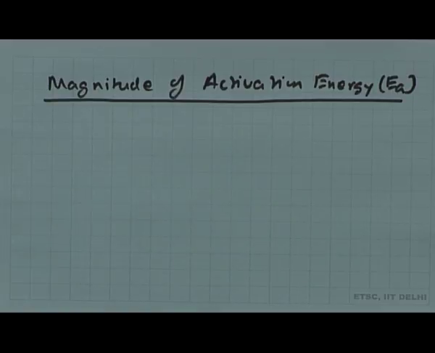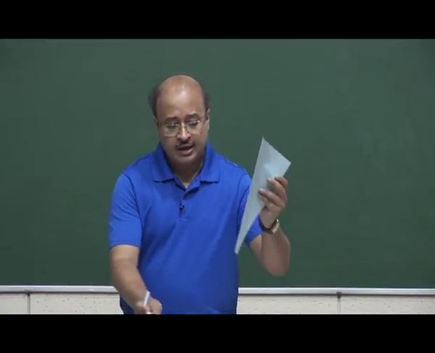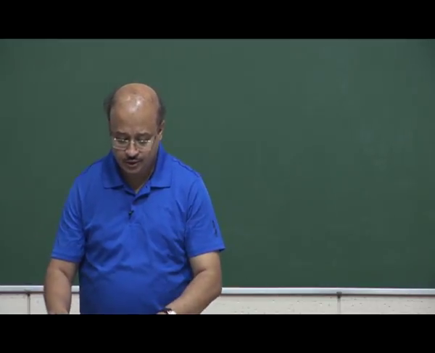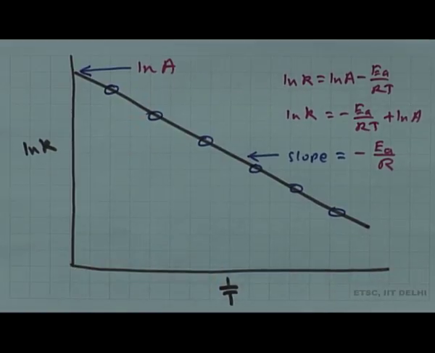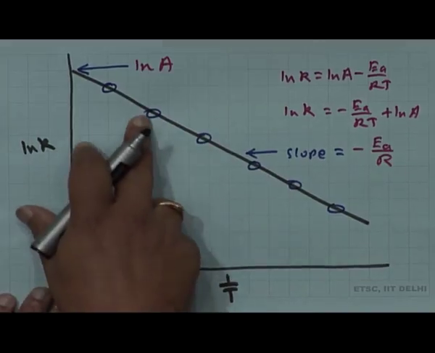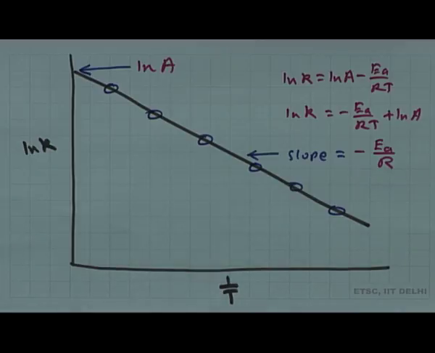To start with, this was the slope of the plot of ln k versus 1 by T. The inherent message you get from here is that the slope is equal to minus EA over R. R is a constant, so the slope will depend upon the activation energy EA.